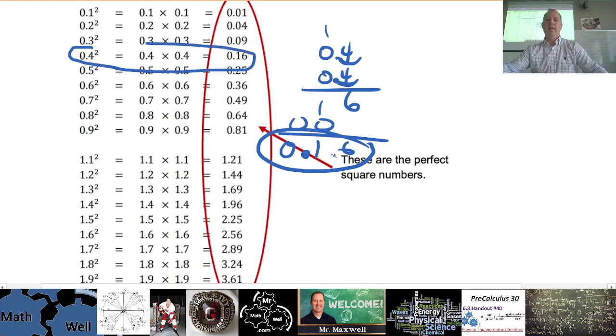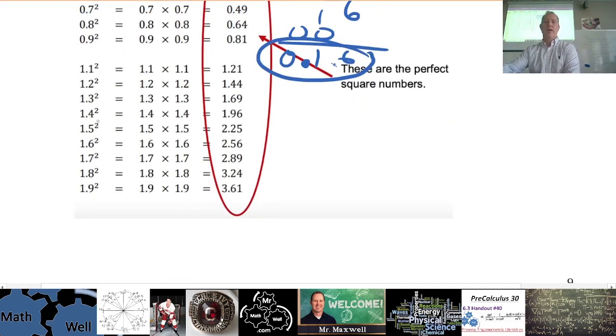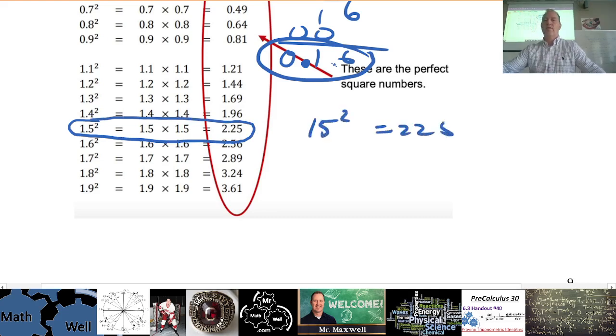Okay, right there. Now 1.4 squared, here's another thing for you to think of. Let's go 1.5, because you know what 15 squared is, or maybe you do, maybe you don't. But 15 squared is 225. You might have that memorized. So if we have 1.5 squared, that's 1 decimal place. So I go 2 decimal places for my answer. See that?